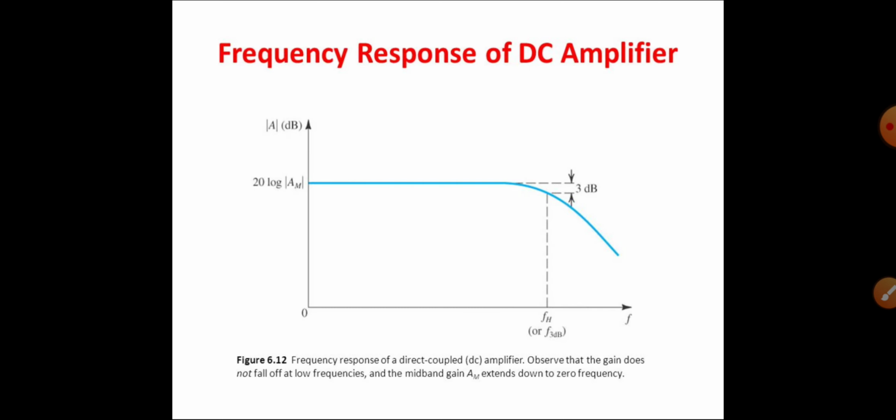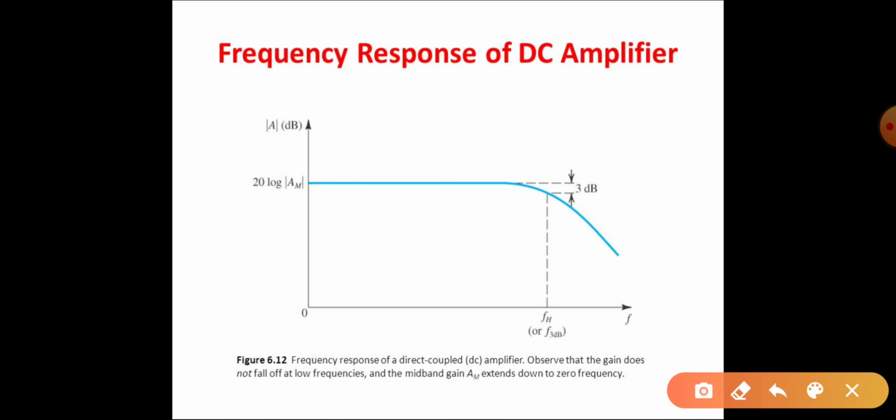So we'll see the frequency response of direct coupled amplifier. As you can see, the frequency response is similar to the low pass filter. It is passing the frequencies starting from 0 to some cutoff frequency fH, and after that the gain is reduced above the cutoff frequency.